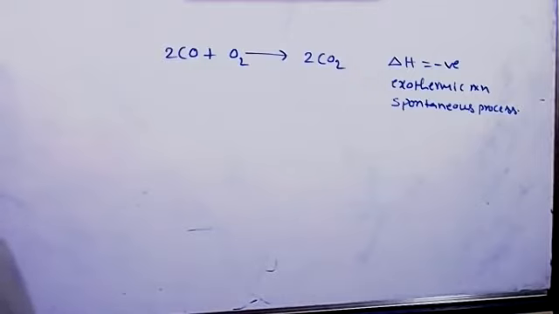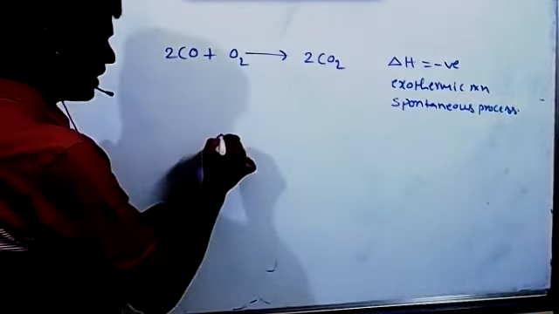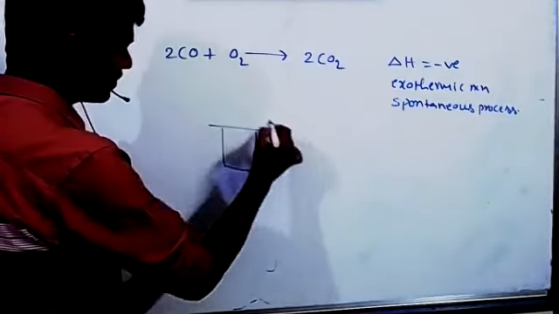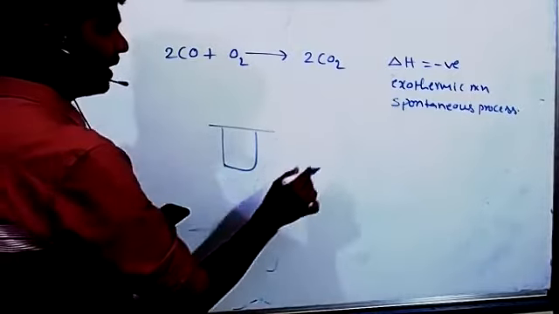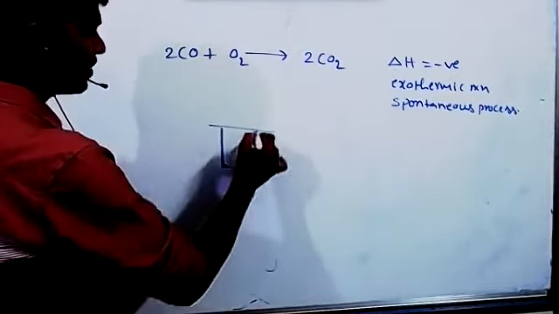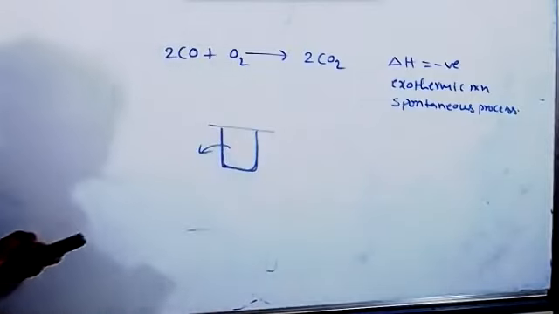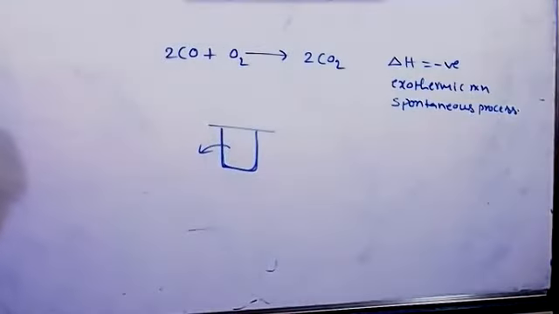Delta H is the enthalpy change and delta E is the change in internal energy, then. So we are taking these in a closed vessel. Heat is released, and that released heat is coming outside.